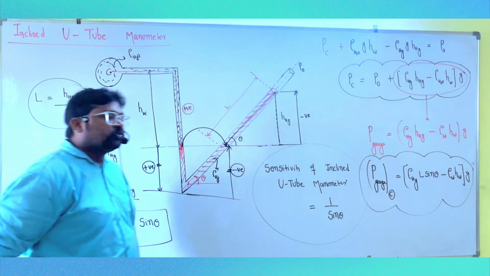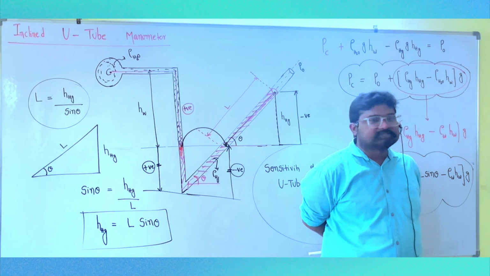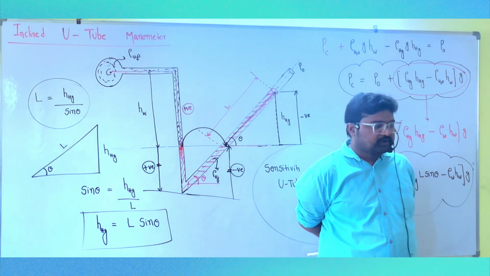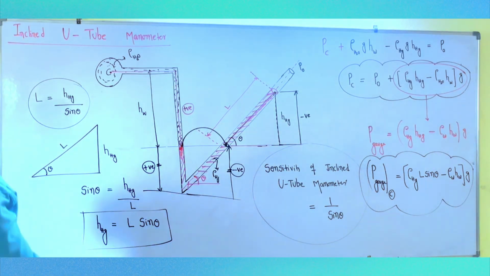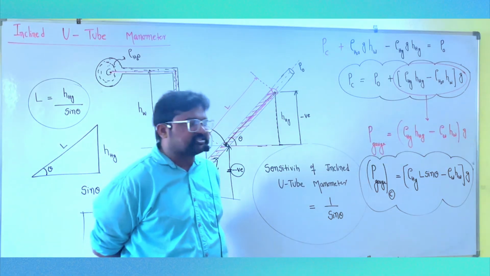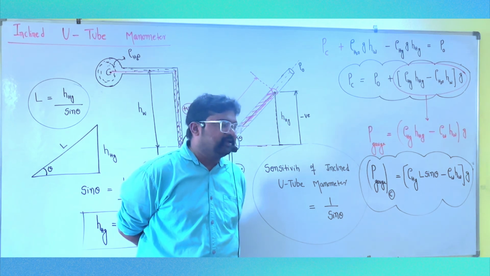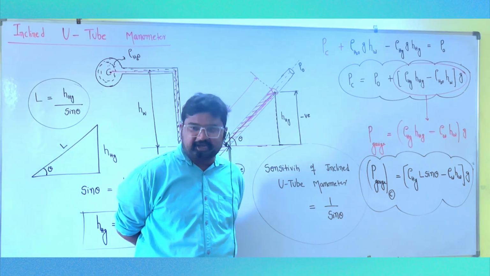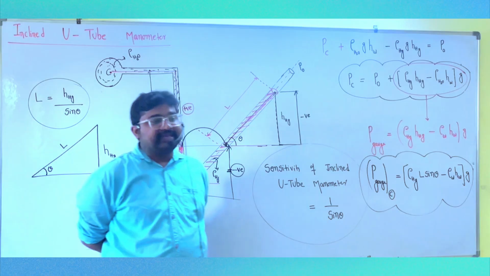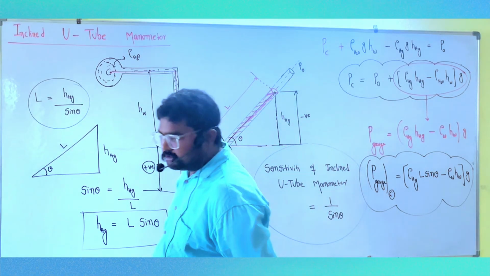Write down, put a note. To determine very small pressures at a cross section in the pipe, inclined U-tube manometers are used.